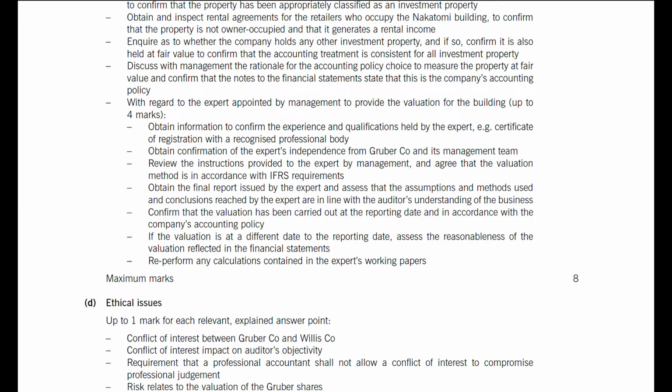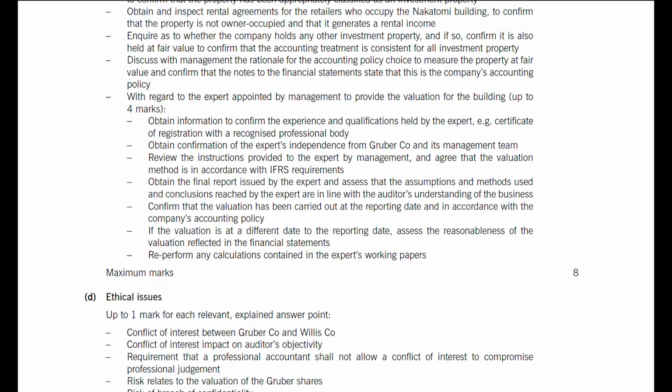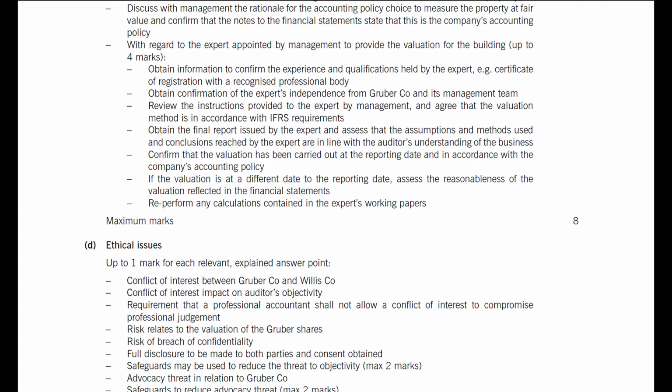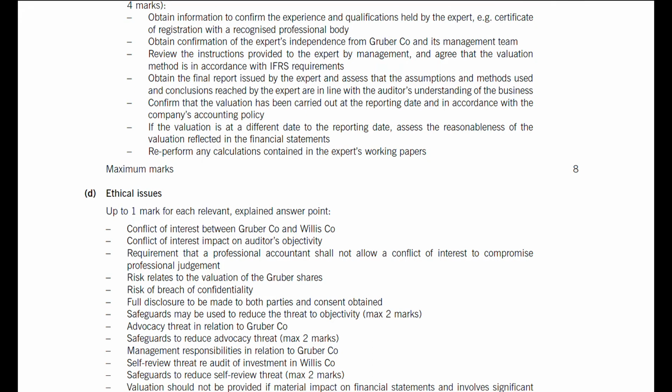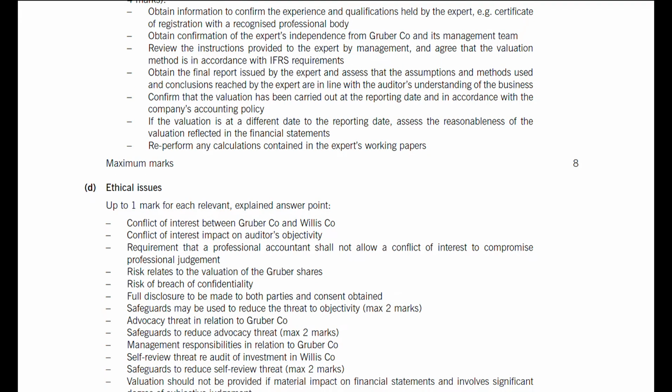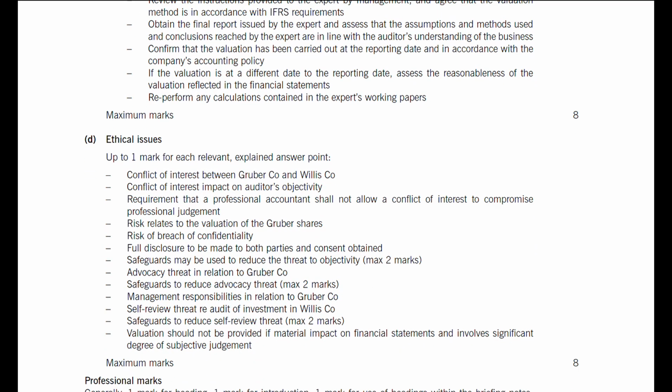Confirm that the valuation has been carried out at the reporting date and in accordance with the company's accounting policy. If the valuation is at a different date to reporting date, assess the reasonableness of the valuation reflected in the financial statements. Reperform any calculations contained in the expert's working paper.